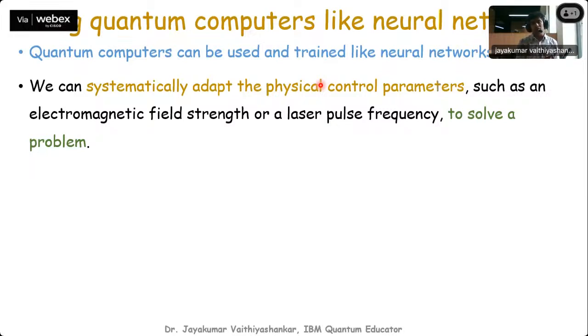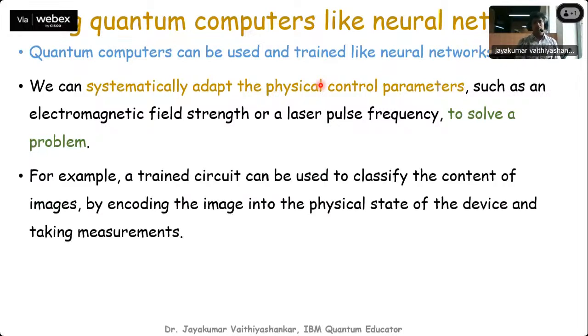Classical computation is all about software and logic, but here we are dealing with physical quantities and physical signals. For example, a trained circuit can be used to classify the content of images by encoding the image into the physical state of the device and taking measurements. In classical computing, everything is converted into binary states, but here we can convert into quantum states.